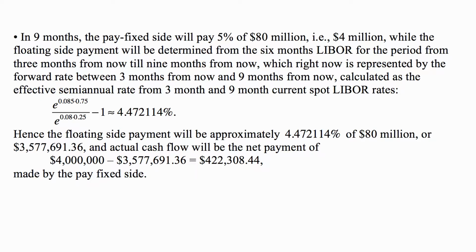So what I just said is that 1 plus the forward rate that we're trying to calculate will be multiplied by e to the 0.08 times 0.25, which is the accumulation factor until the beginning of that period over which we are looking at the forward rate. That will be equal to e to the 0.085 times 0.75, which is effectively 1 plus the spot rate effective over the period from now until the end of the period over which we're calculating the forward rate.